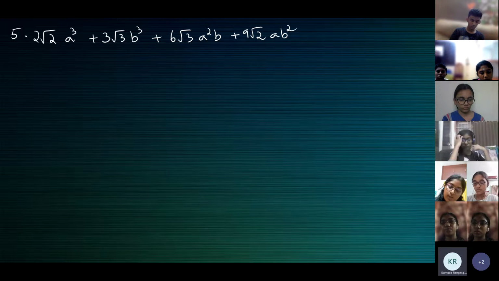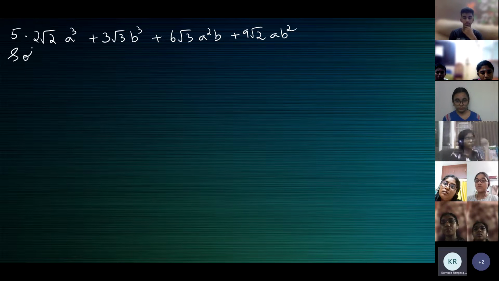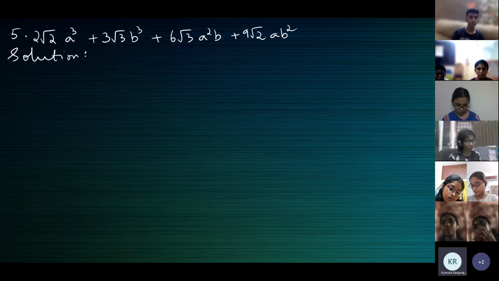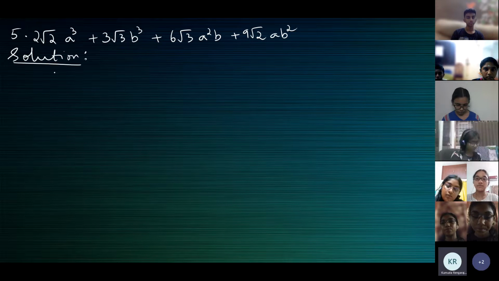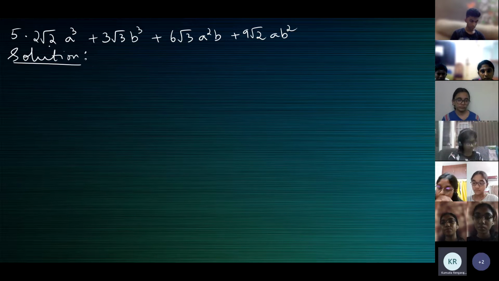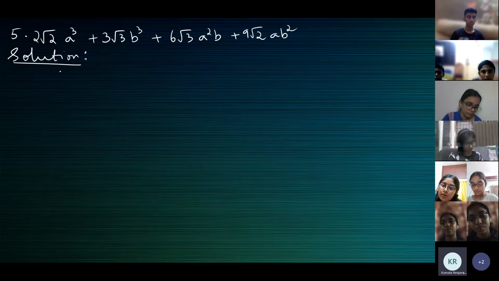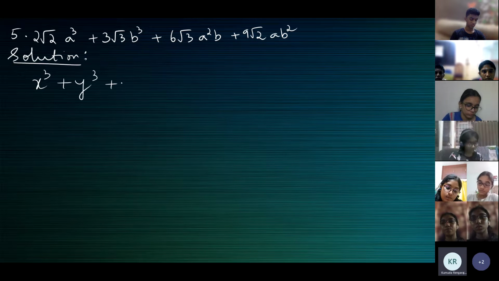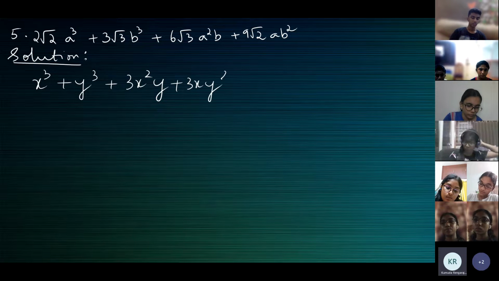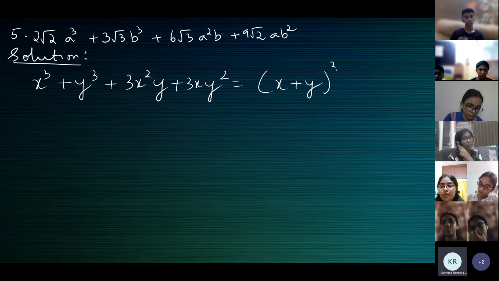So the identity is x cubed plus y cubed plus 3x square y plus 3xy square, which is nothing but x plus y the whole cubed.